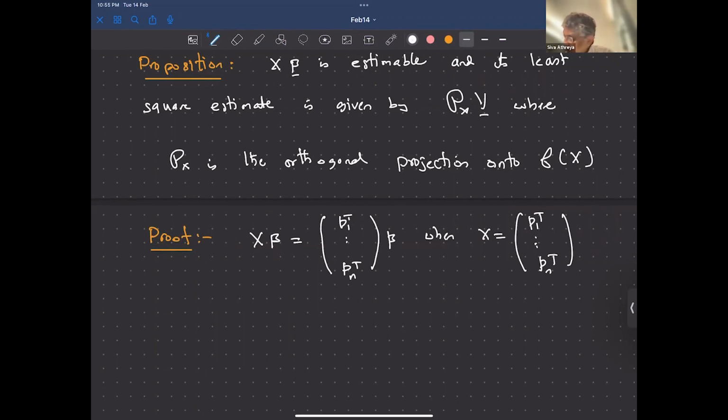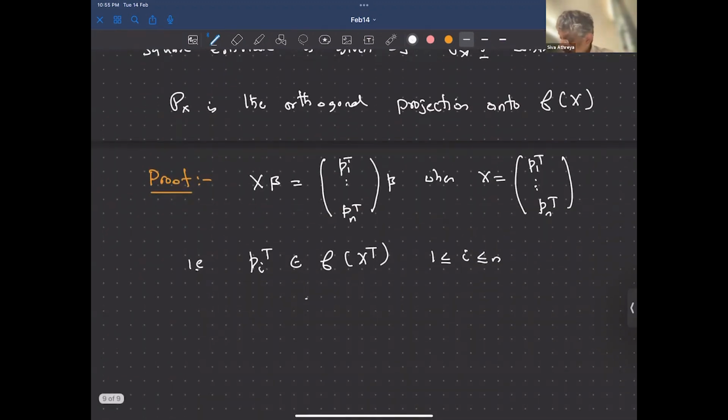But if you look carefully, this forces each Pi transpose to belong to the column space of X transpose, for 1 less than or equal to i less than or equal to n. That's the standard fact, and that holds if and only if X beta is estimable.